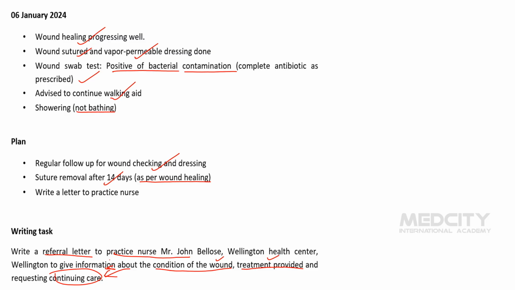Now you can organize either starting from the recent happenings, or else you can start with the past medical history of osteoarthritis. I think that would be better because it gives a good flow to the letter.